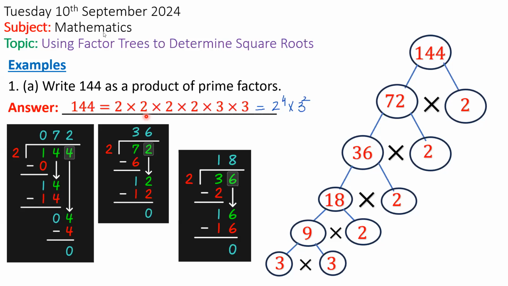So we break it down again. 72 divided by 2 gives us 36. It can still be broken down because it's still an even number. 36 divided by 2 equals 18. Again, an even number. So 18 divided by 2 gives us 9.